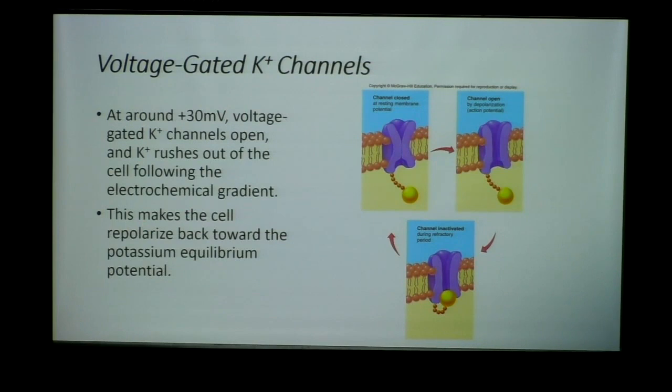And so when potassium channels open, potassium rushes out of the cell, and that is going to do what to our membrane potential? What kind of effect would potassium rushing out of the cell have on our membrane potential?